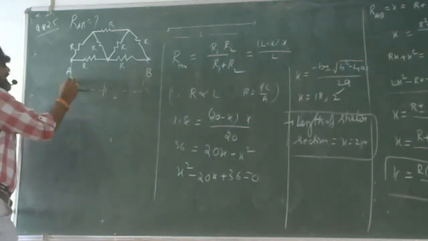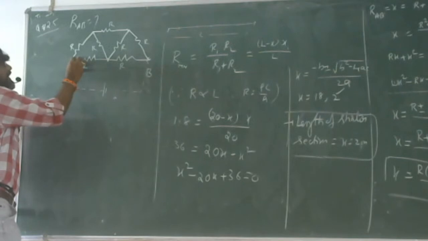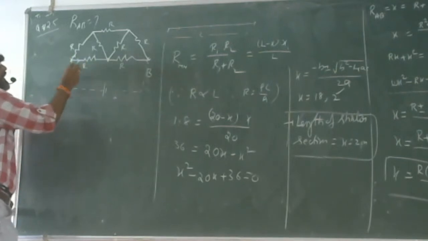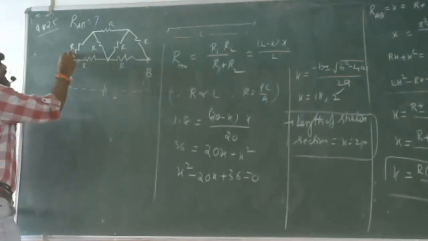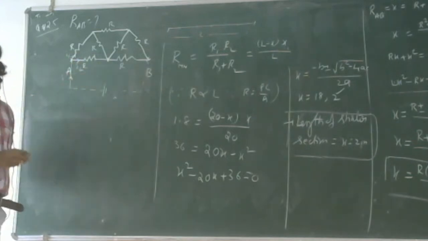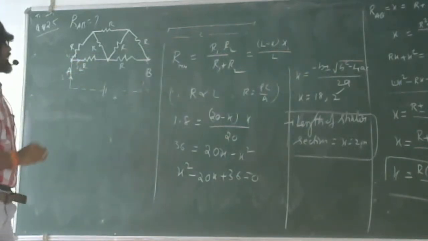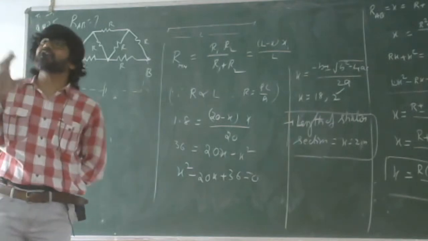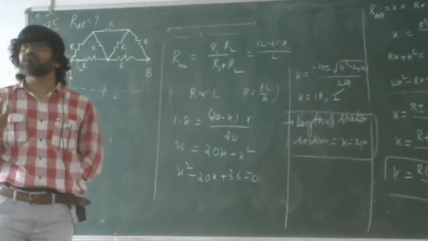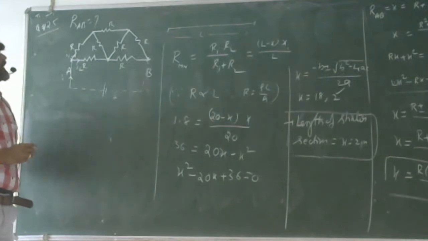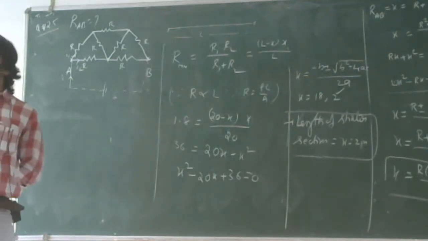So if your current comes here, you can say the current divides at this junction. Let us say I comes here and divides into I1 and I2. Got it? And here you can use the symmetry relations, like mirror symmetry; there are different kinds of symmetries.